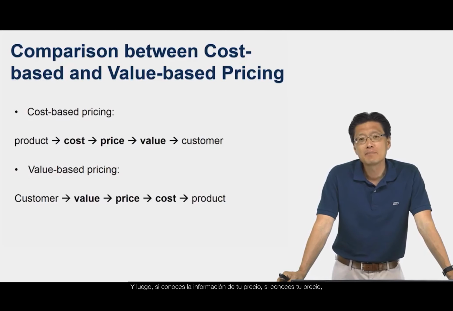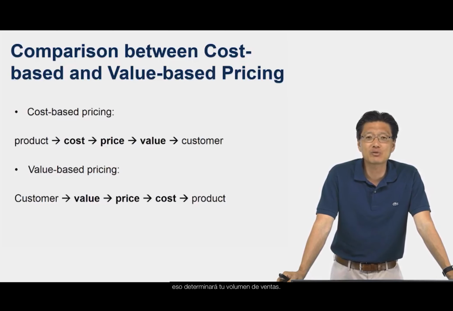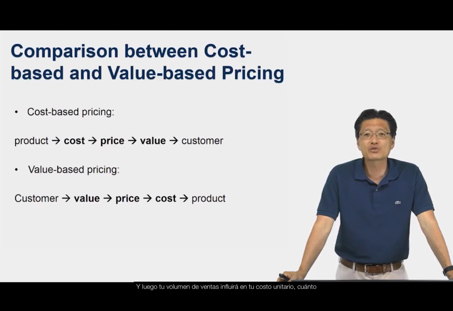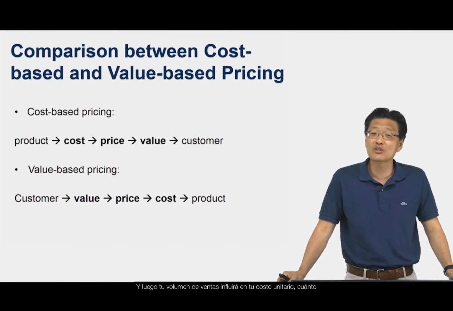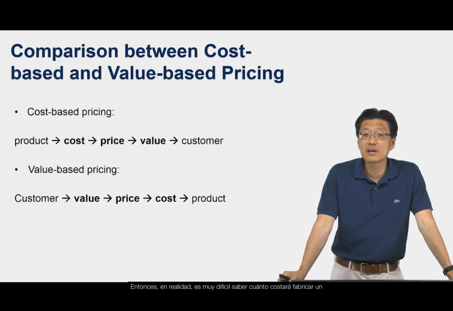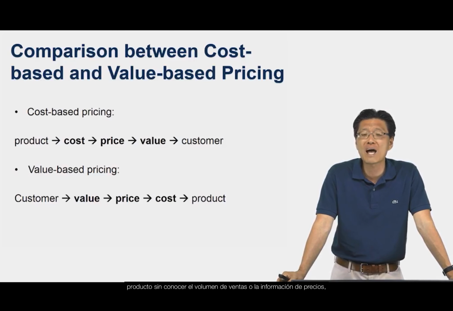And then, if you know your price, that's going to determine your sales volume, and then your sales volume will influence your unit cost, how much it costs to make a product. In reality, it's very difficult to know how much it's going to cost to make a product without knowing your sales volume or your price information.